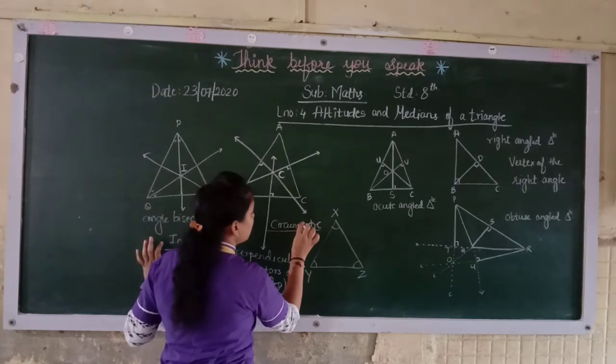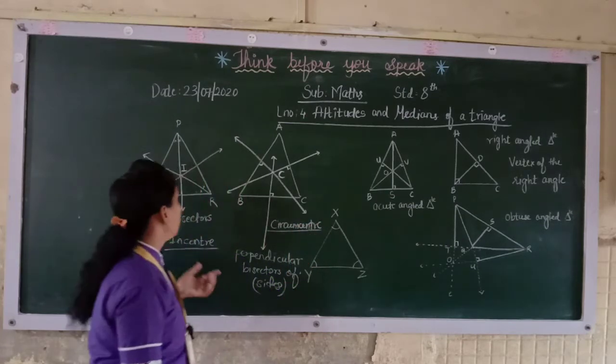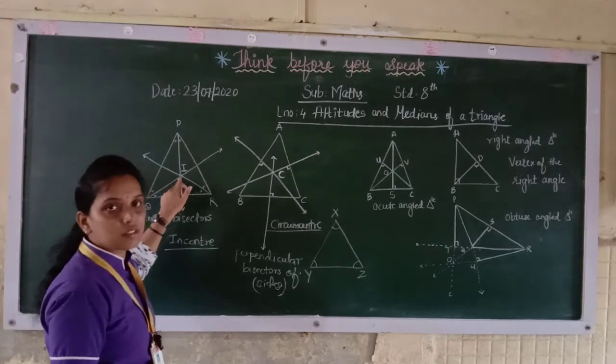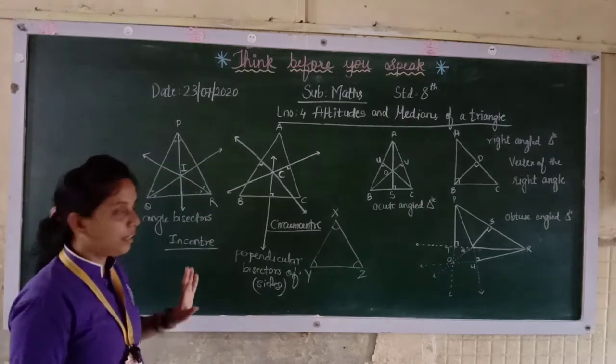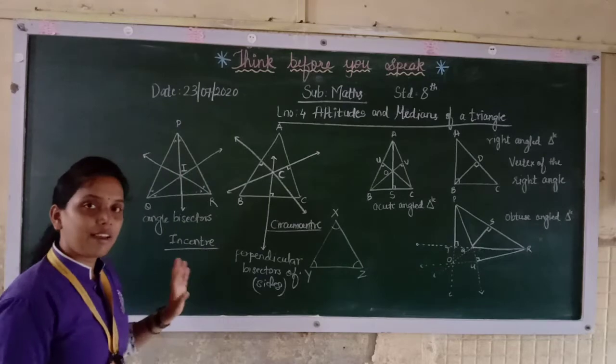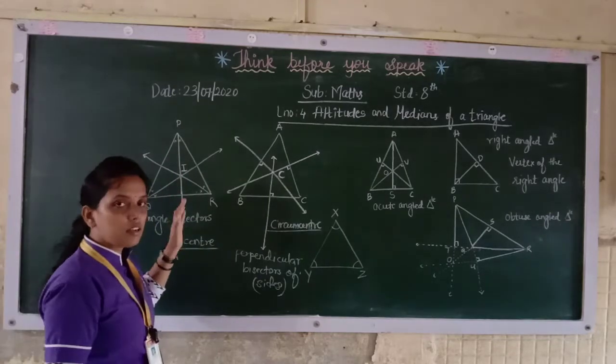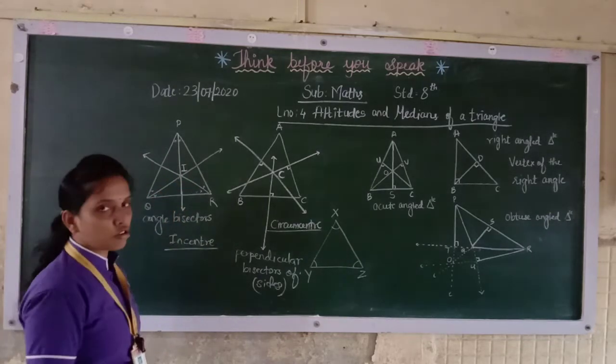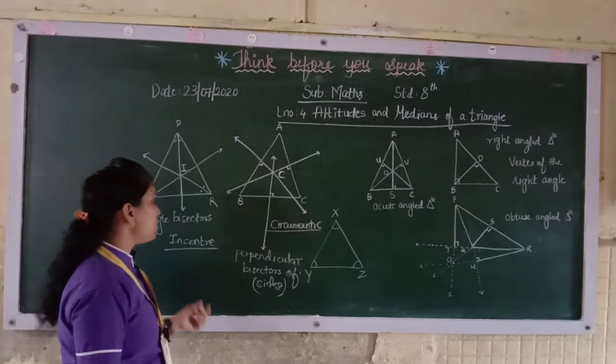So remember, when the angle bisectors meet at one point, it is inside the triangle only. It is in the interior of the triangle only. So that is denoted by I, that is known as the incenter.